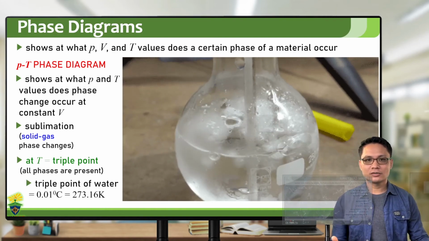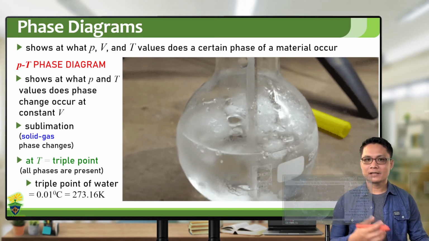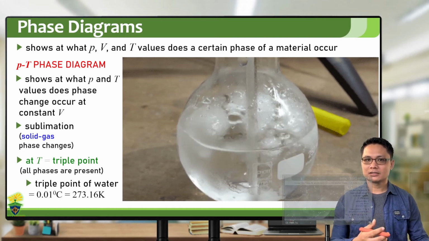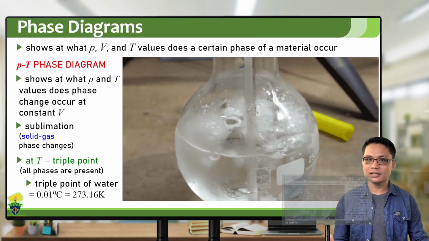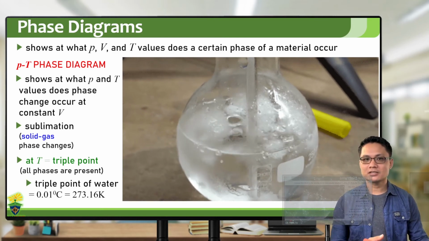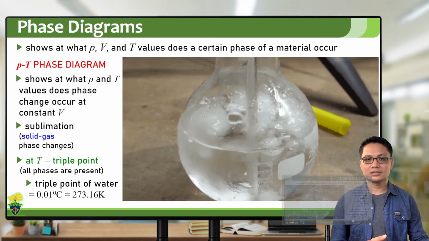So for all we know, we define the base unit for the temperature scale of Kelvin to be at 273.16 Kelvin, which is 0.01 degrees Celsius.